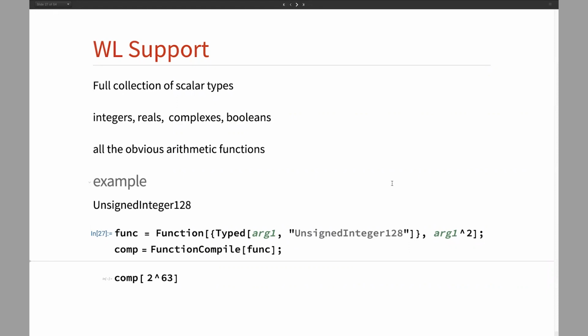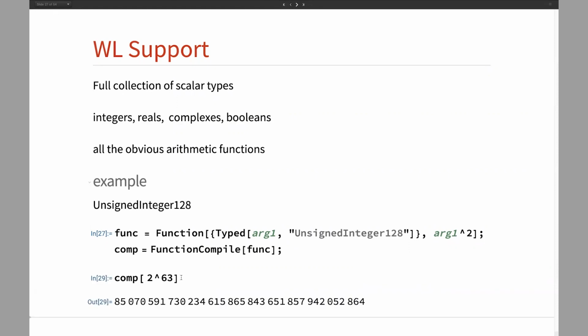This is not a software variable-sized integer. This is just an integer that's always a 128-bit unsigned integer. But for some applications, maybe number theory or cryptography, it might be quite useful to work with this, and the support we have is going to be extremely efficient for such things.